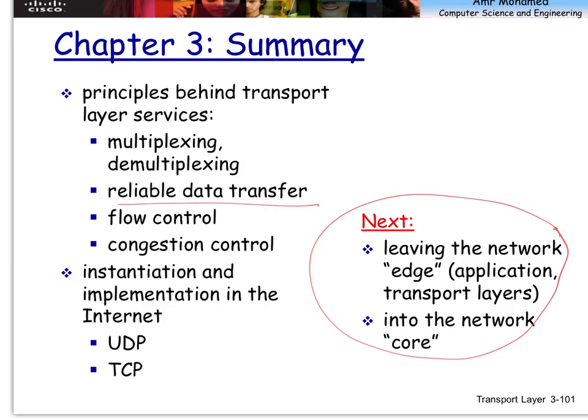We can do that at IP, assuming that the edge will take care of flow control and congestion control. So we don't provide reliable transfer in IP. Why? Because it will be taken care of by TCP. We don't provide congestion control or flow control at the network layer. Why? Because it's taken care of by the edge or by TCP in an end-to-end way.